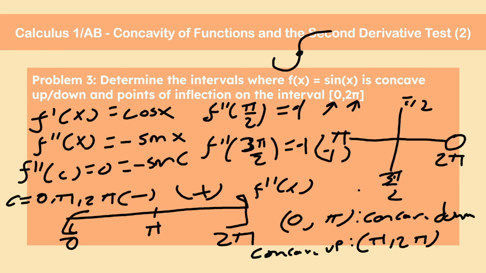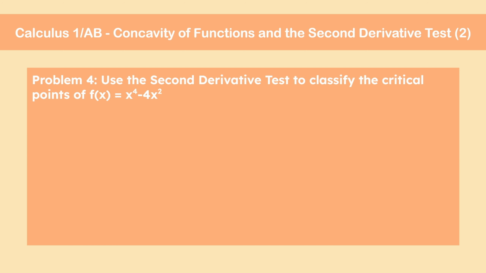So our point of inflection, I'll write down here, will be at pi. So f of pi would be just 0. And that's our answer.